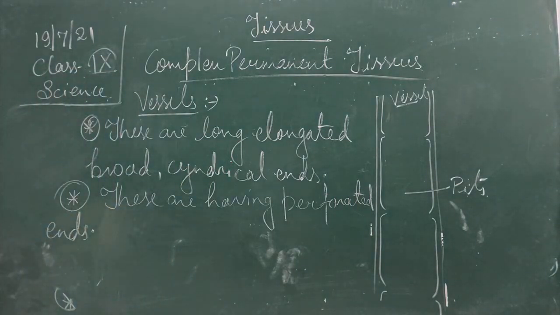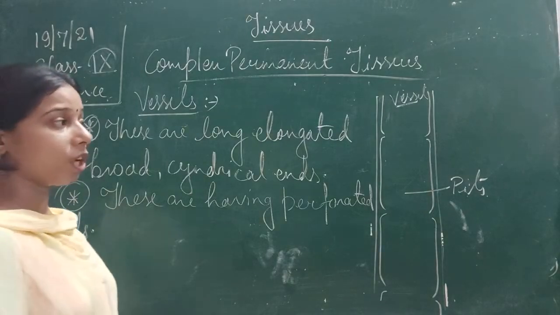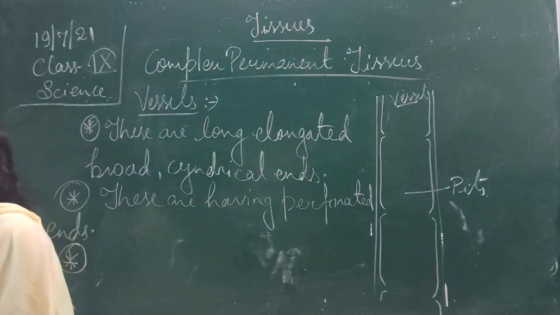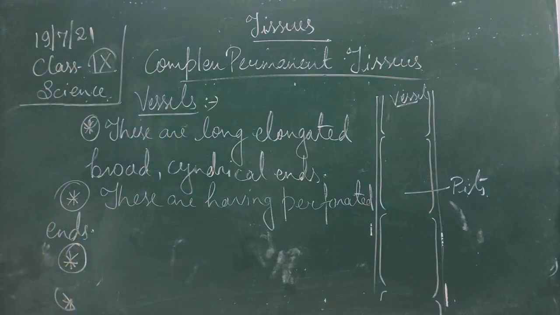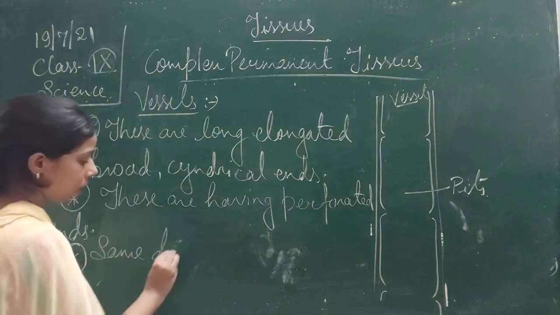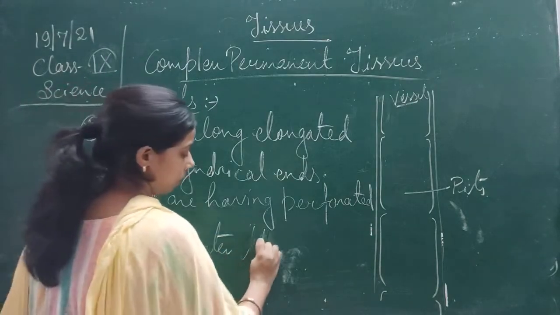Then the next point: they have a similar diameter throughout the length. When you check it, students, you will find that the diameter is the same at every part of the length.